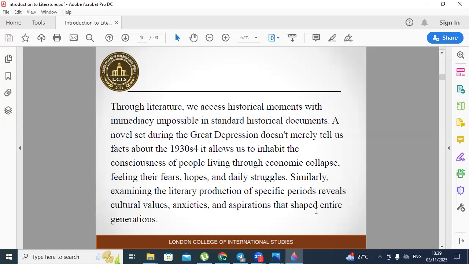These patterns reveal what communities were thinking, feeling, and struggling with. Literature preserves lived experiences and perspectives from across time, giving us access to subjectivity, how it felt to live in a particular moment, in ways that other historical sources cannot.